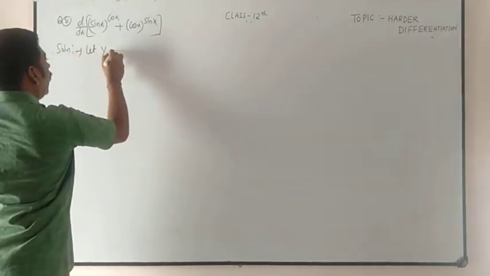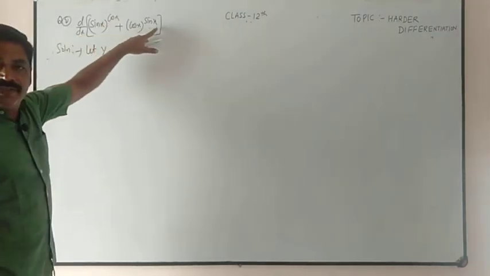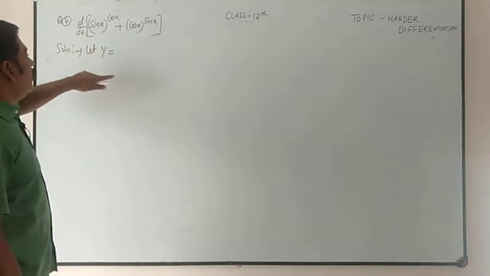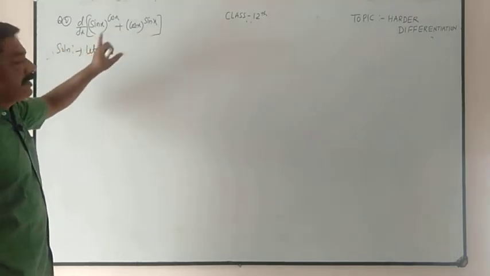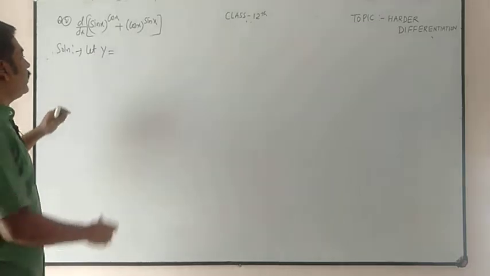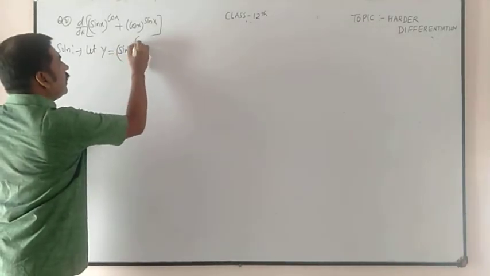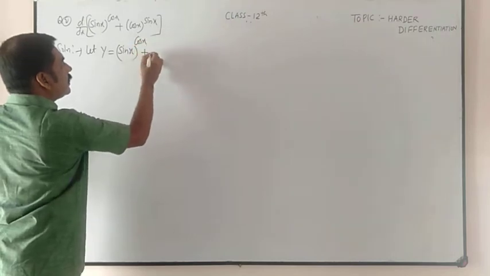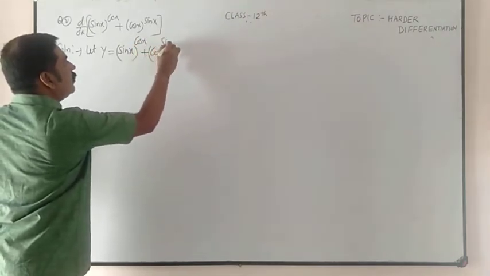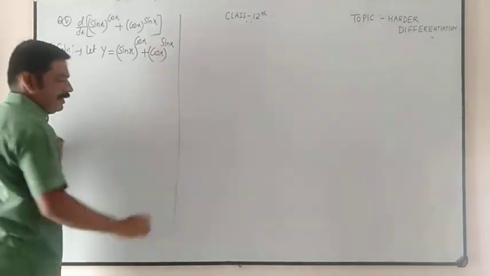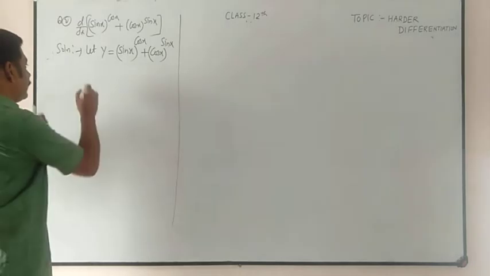Let y is equal to sin x raised to cos x plus cos x raised to sin x. Again, variable raised to variable. So we can't take log on both the sides because there are two terms. Clear?